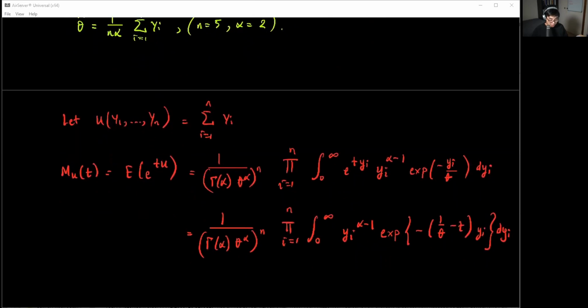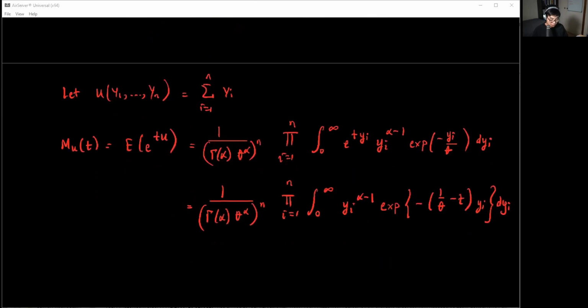What can we do from here? Well, this is a gamma function. So therefore, we can say the following. I'm just going to say gamma of alpha here, and then we have the following.